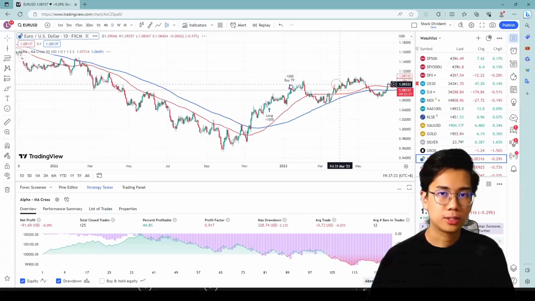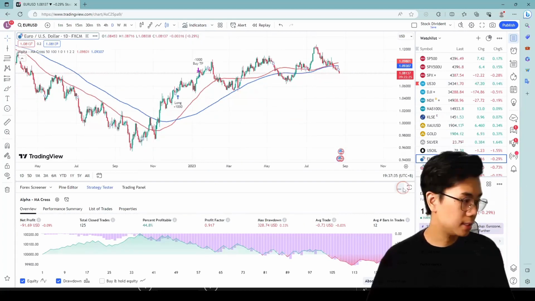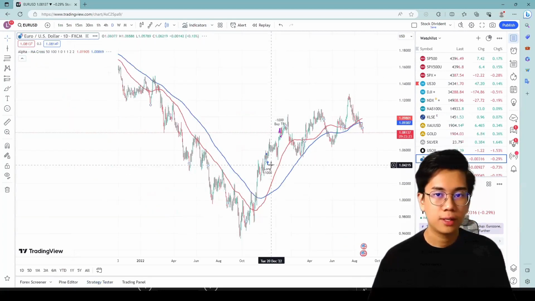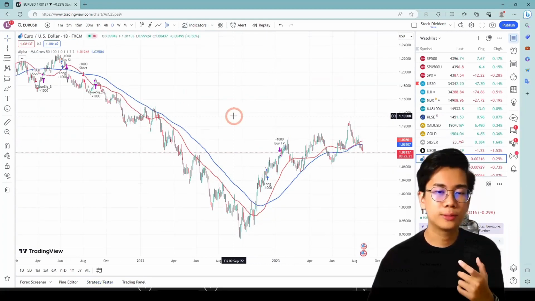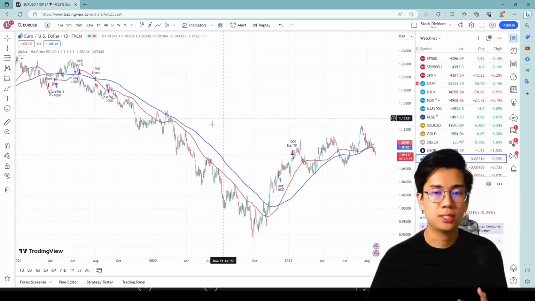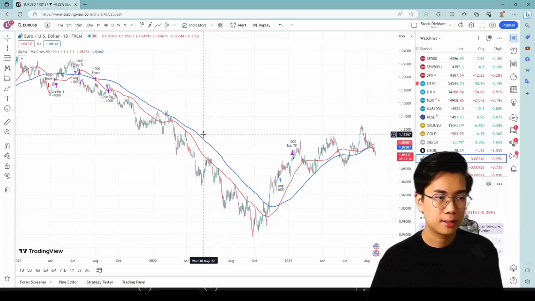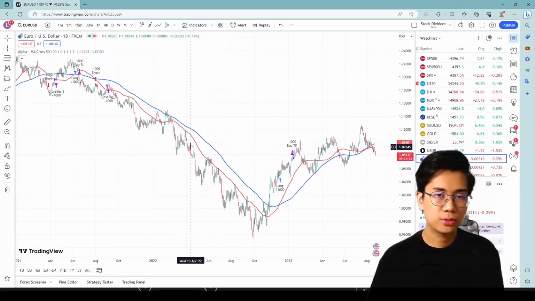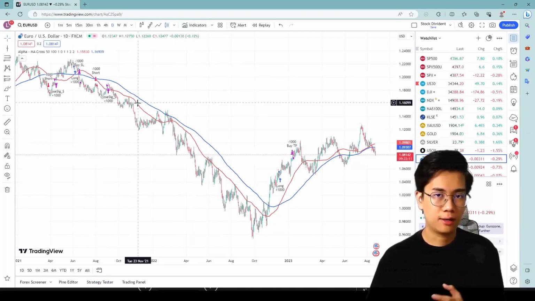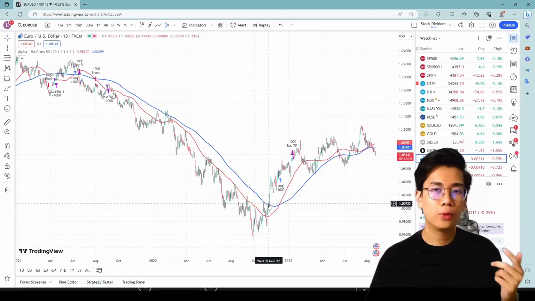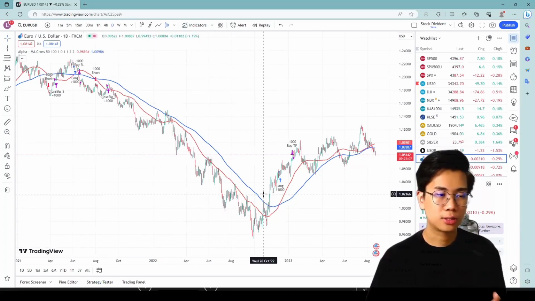Okay, so right now what you guys can see is TradingView, illustrating the most basic strategy, which is the red line and the blue line. The red line refers to the fast moving average, and the blue line refers to the slow moving average.